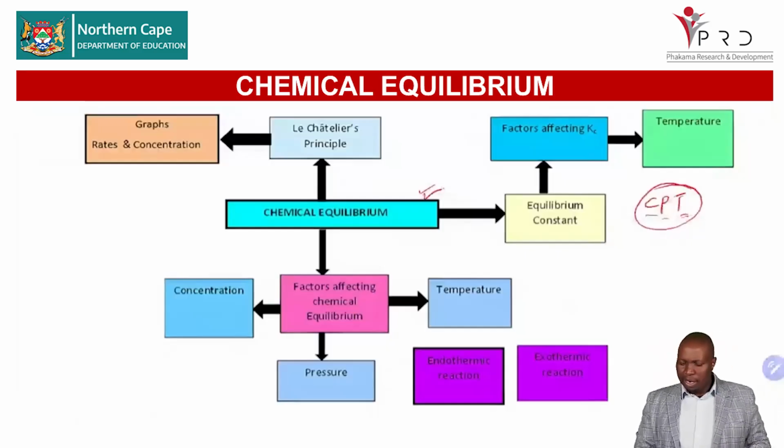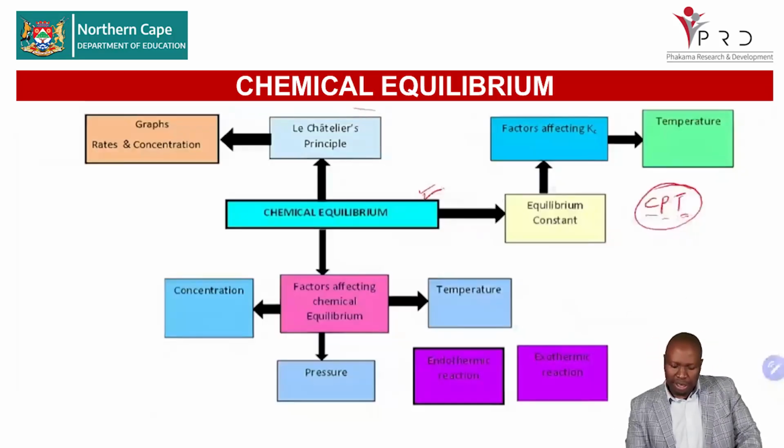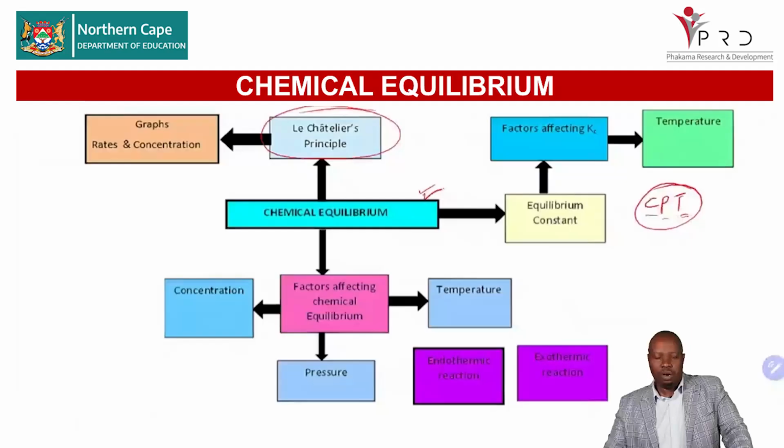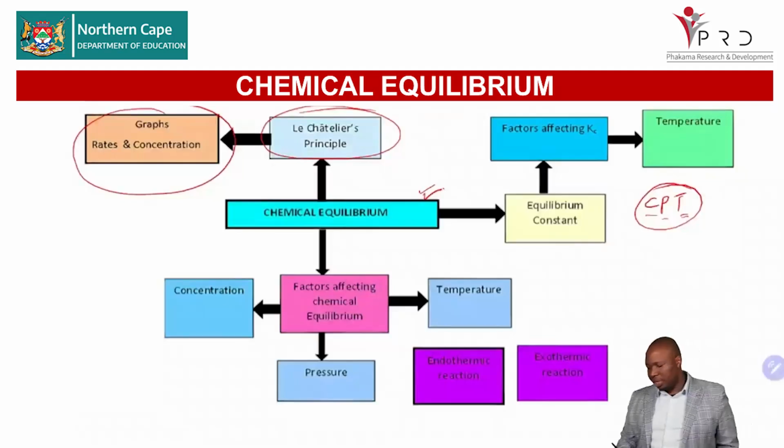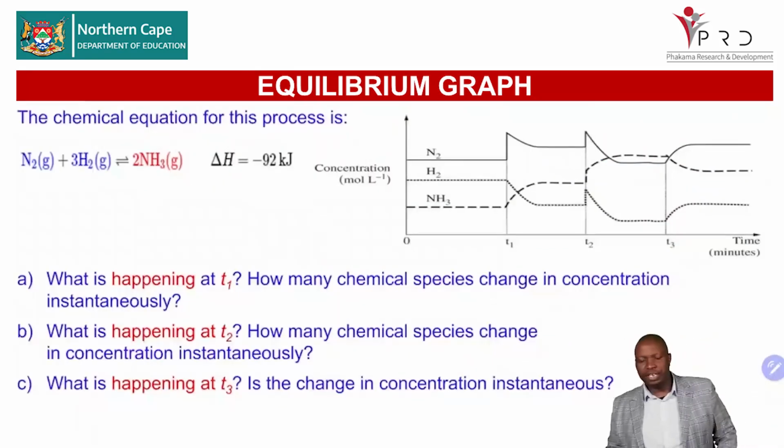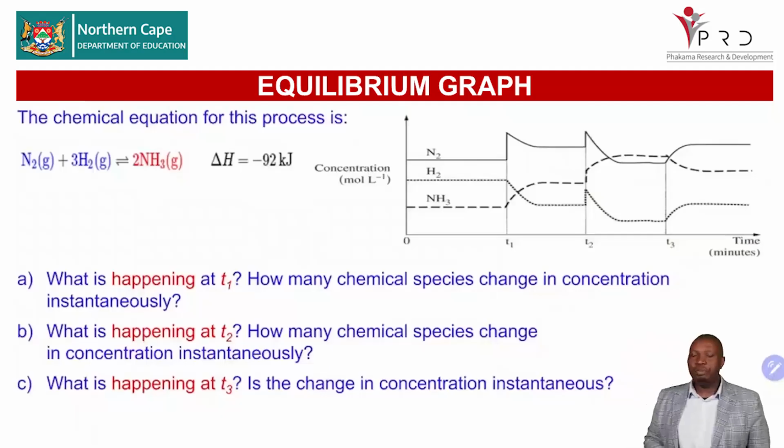Now, remember Le Chatelier's principle as well. You definitely have to know Le Chatelier's principle, how to state it, and be able to look at the graphs of rates and concentration. You will deal definitely with the graphs of equilibrium.